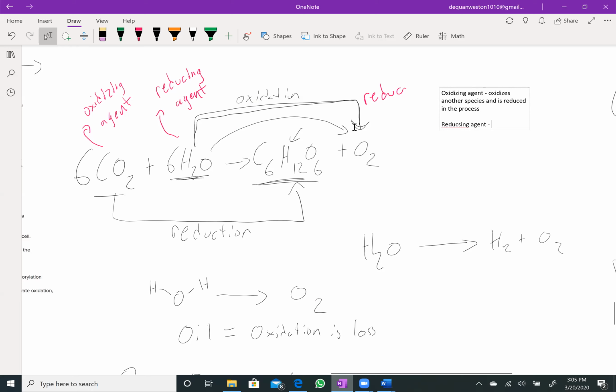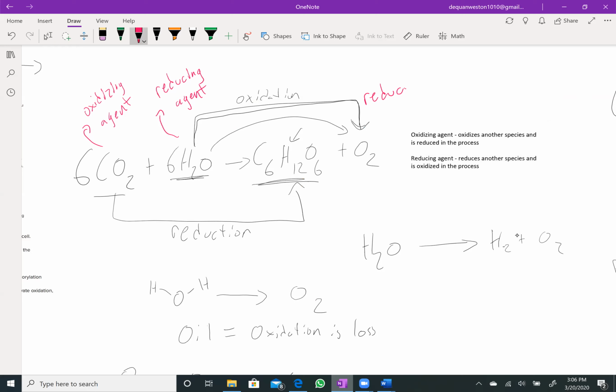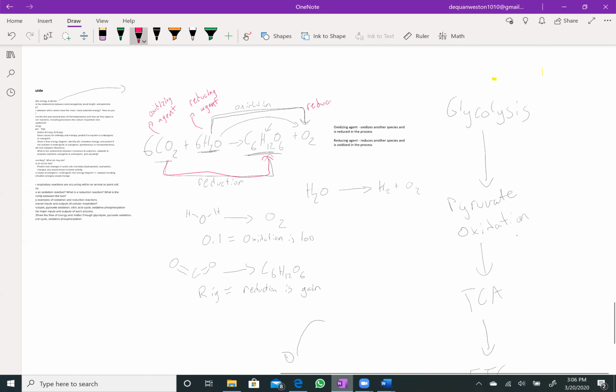So oxidizing agents will oxidize another species and are reduced in the process. So you see this oxidizing agent was reduced, and in doing that reduction, it oxidized H2O.